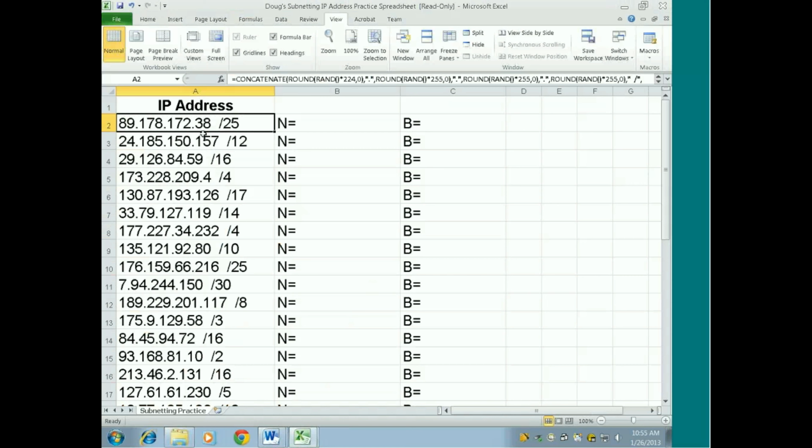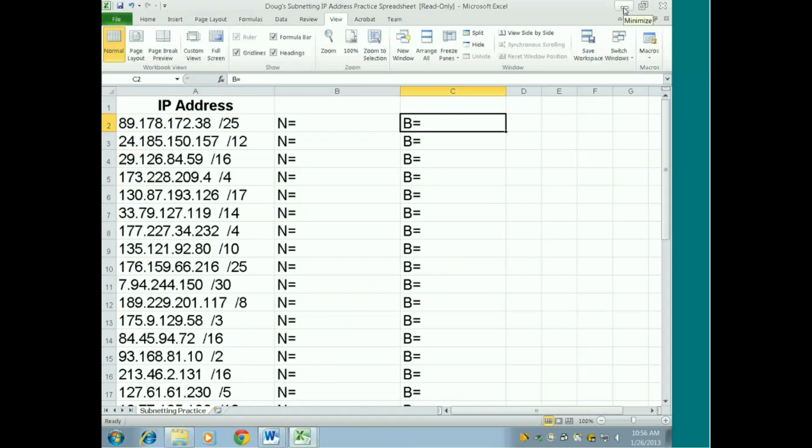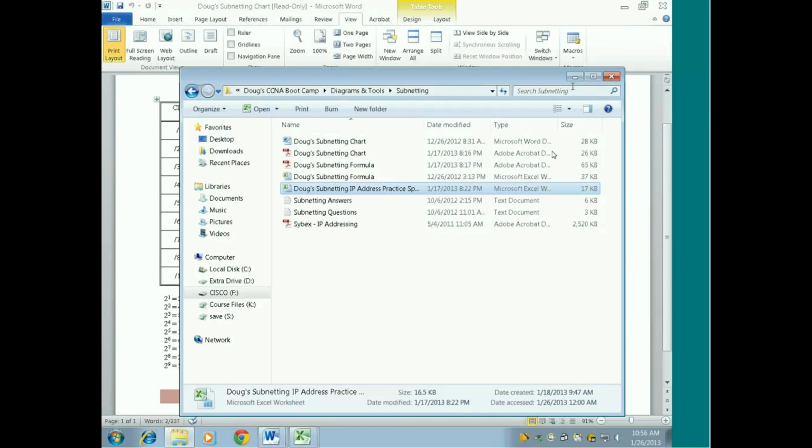I've actually concatenated a formula so that every time you open this spreadsheet, it'll generate a new random pattern. Your job is to print it out and identify the network address and the broadcast address for that IP and prefix. Clear on the homework? Okay. And you'll be thankful that you were diligent about it, because you'll really start to nail it and you'll be excited.